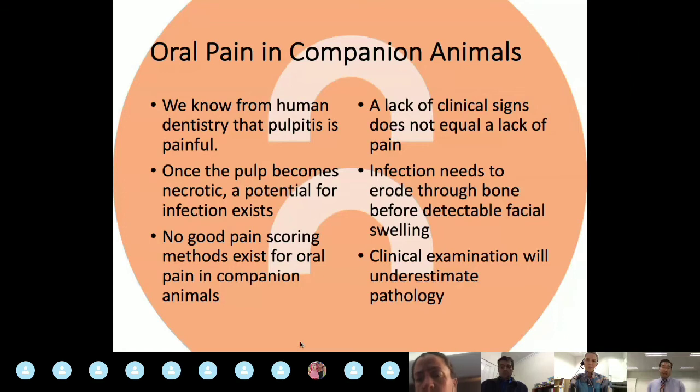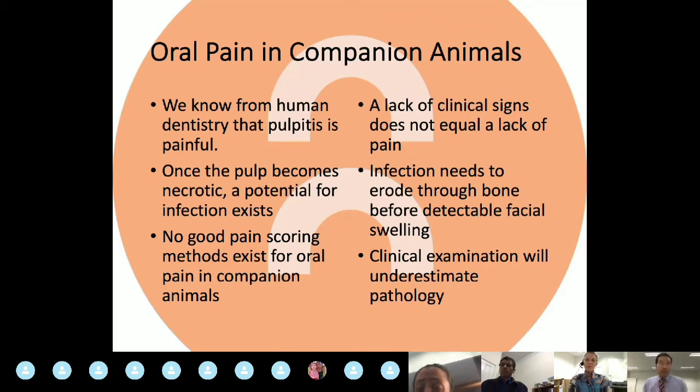Lastly, what I often tell my clients is that infection needs to erode through a fair amount of alveolar bone before it's detectable as a facial swelling. So that patient might have a great degree of infection, or long-standing infection, before even the facial swelling occurs. And if we just evaluate these patients based on clinical criteria, we're going to underestimate pathology.